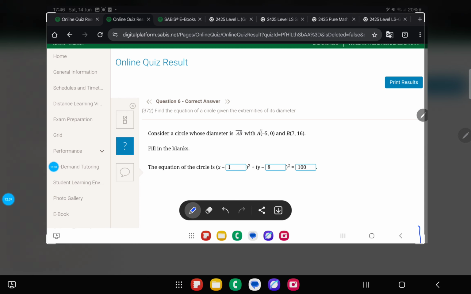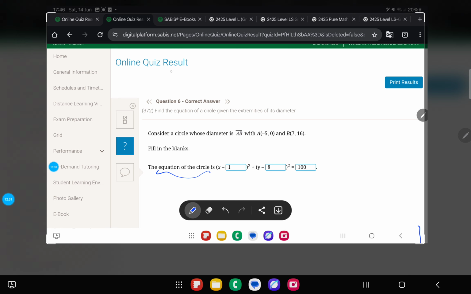But to solve this question with a diameter, you first need to find the center. You can't find the equation of the circle without the center. So to find the center, there's a rule.